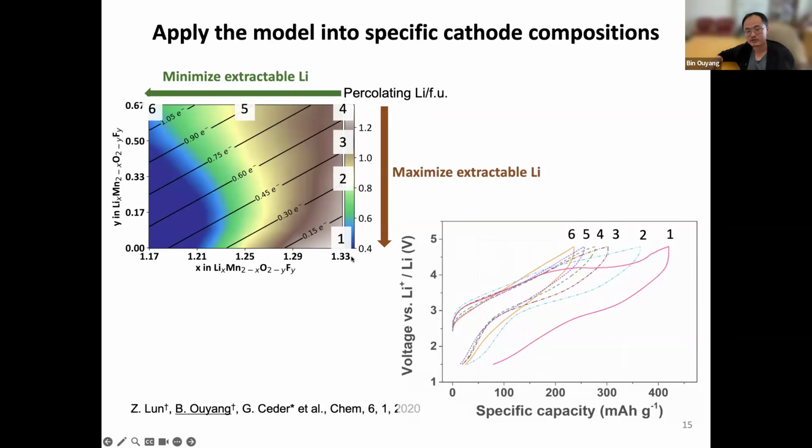If our percolation theory works, supposedly we're going to see a decay of capacities from sample 1 to sample 6. And we do see that in experiments. So that gives us a little bit of confidence in using this model. And as Vlad mentioned, it's not real kinetics. It's more like a network analysis, but it kind of rings a bell. It will still be useful for guiding our experiments.